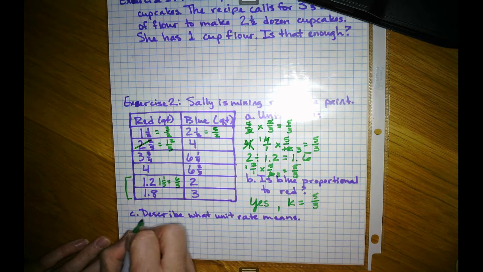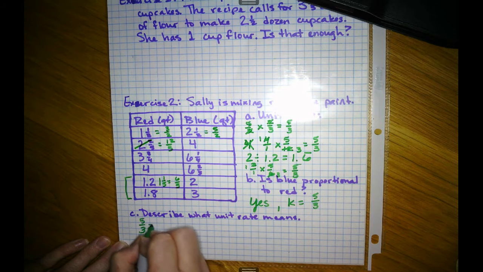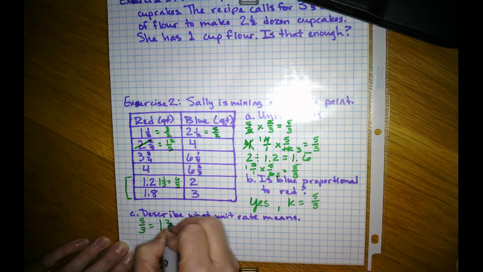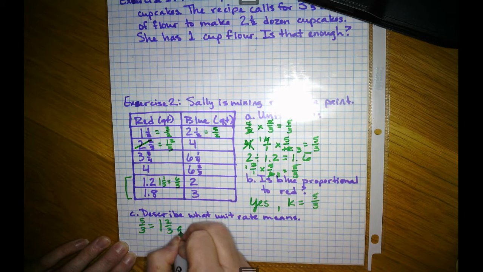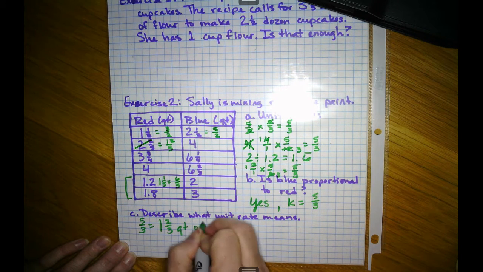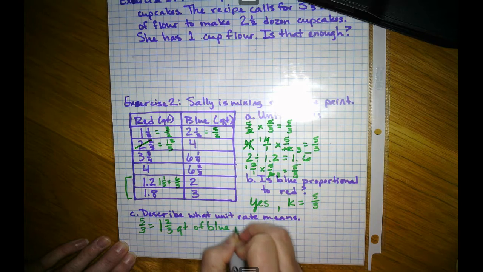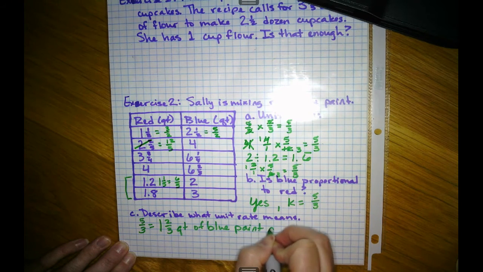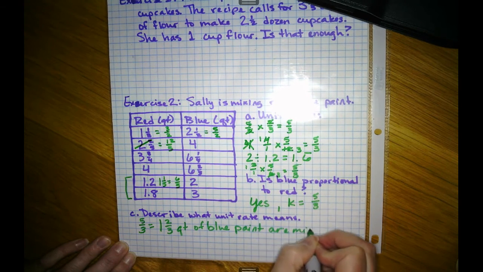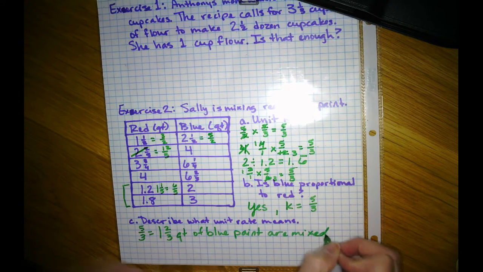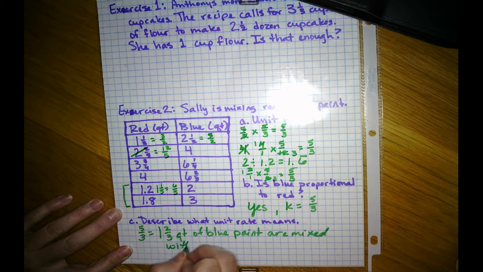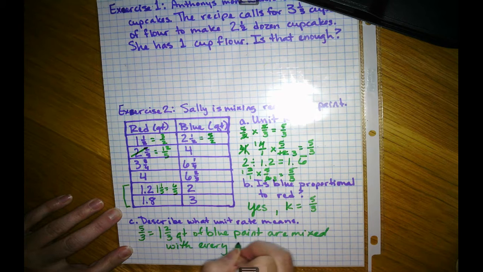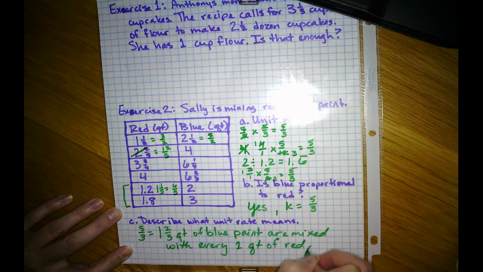So 5/3, and here I could also change it to that mixed number, 1 2/3 quarts of blue paint are mixed with every 1 quart of red paint.